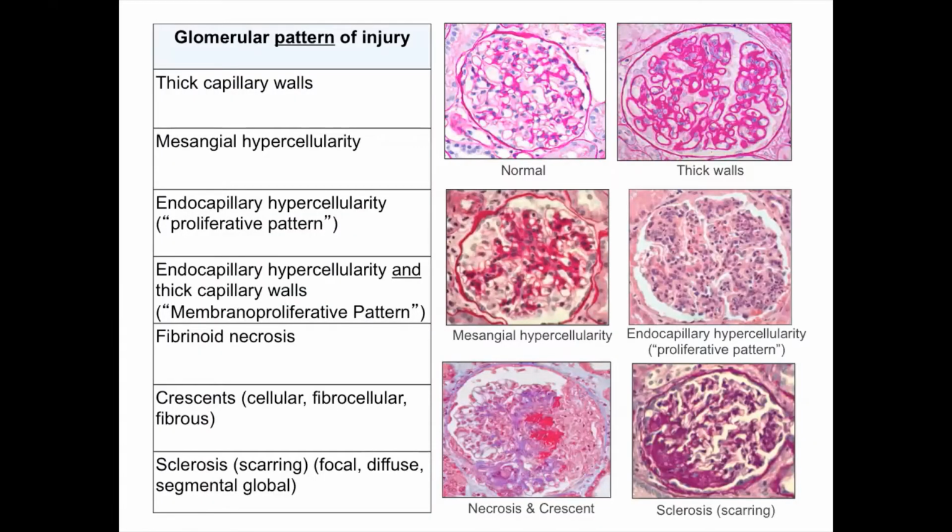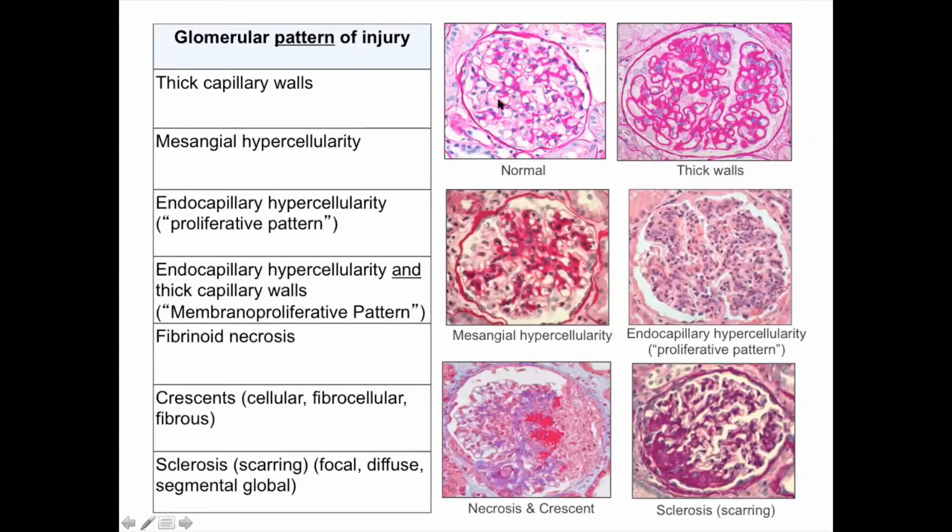The patterns of the glomerular pattern of injury, طبعاً this is what is normal. Normal إن إحنا عندنا this is a glomerular tuft. عندنا هني we have the glomerular loops and very thin glomerular basement membrane.